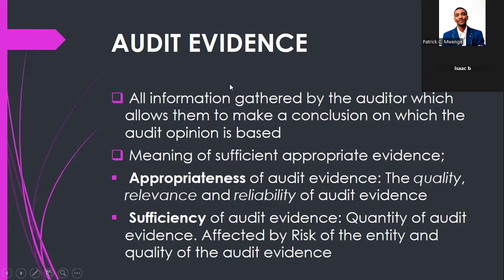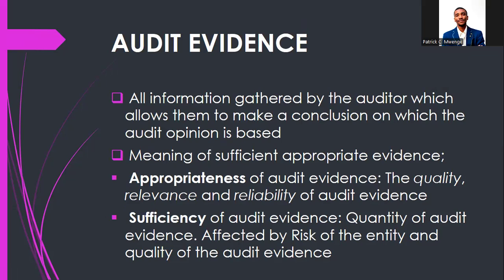So what is audit evidence? Audit evidence is all information gathered by the auditor which allows them to make a conclusion on which the audit opinion is based. It is each and every piece of information that we gather. When we go into the business, we inquire from management about how they keep their inventory, where they keep the inventory.